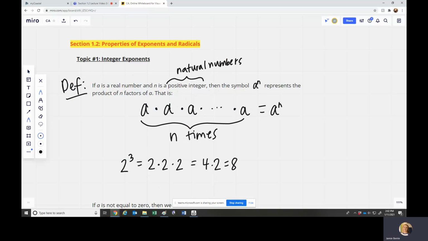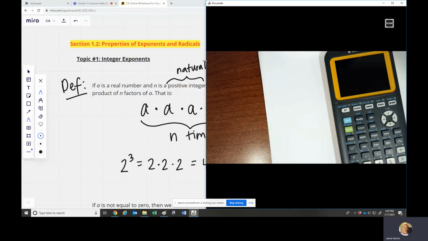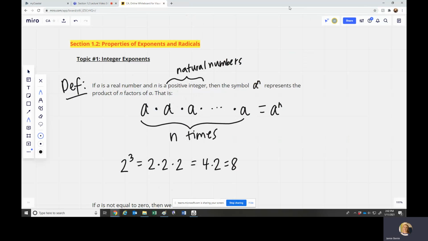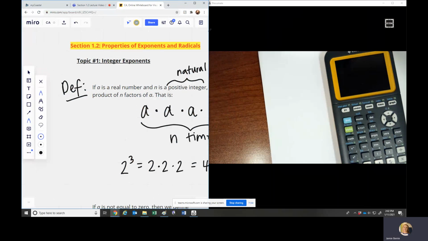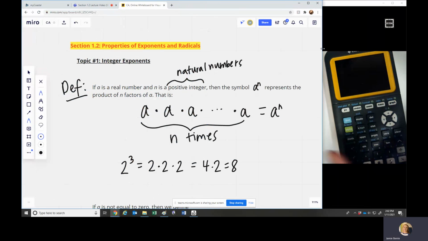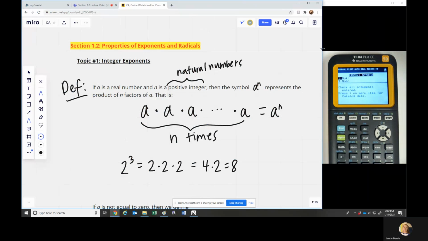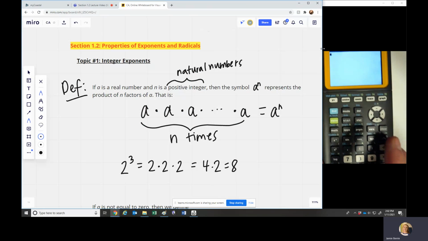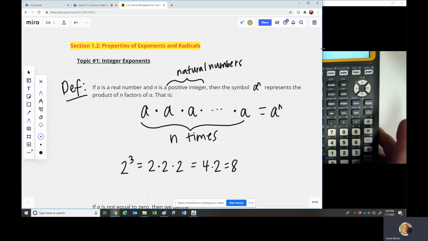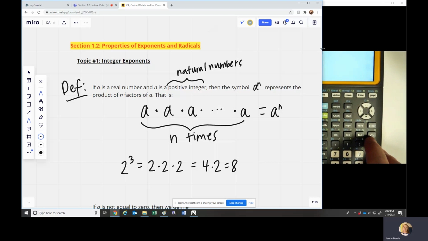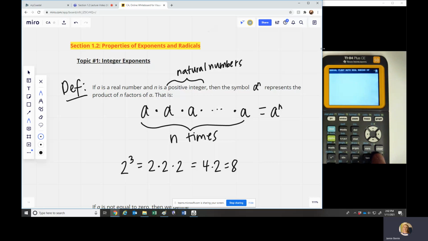Now, you don't have to do this in your head. You can use your calculator. I have my calculator pulled up right here. Let me see if I can get both of these on the screen at the same time. There we go. Just clear that out. If you're using your graphing calculator, which is what I have here, I'm going to press the 2 button, and then I'm going to use my little caret button, which takes me to the exponent.